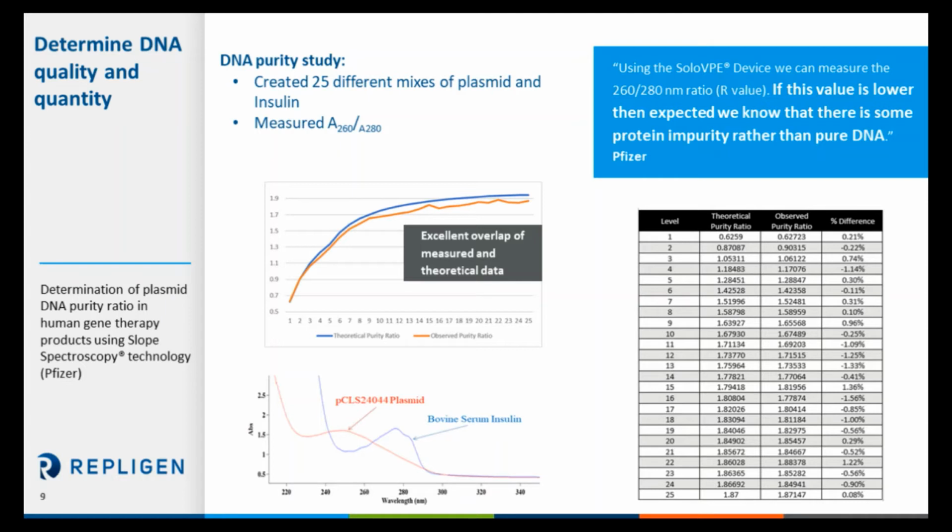The next slide is a sampling of data from a recently published paper we collaborated with Pfizer on, for DNA quantity and quality. What we did was take 25 different mixes of plasmid and insulin and measure them with SoloVPE, comparing the given samples to the standard UV.